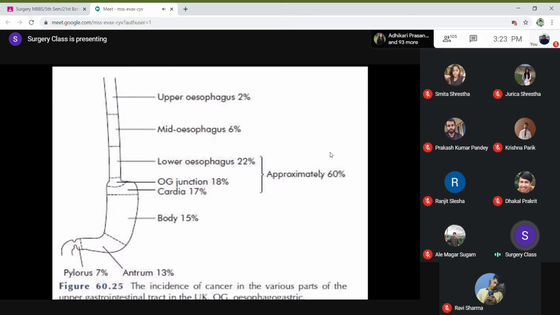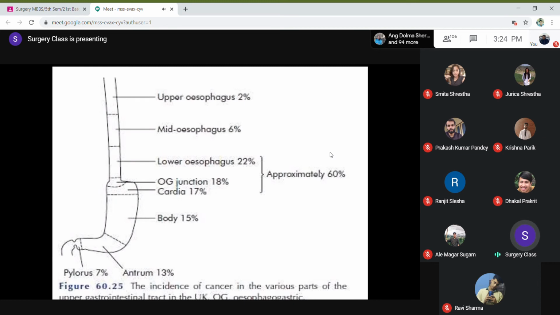So if you see, nowadays the incidence of gastric cancer has progressed to the proximal part of the stomach. You can see the cardia of the stomach, the esophageal gastric junction and the lower esophageal carcinoma.